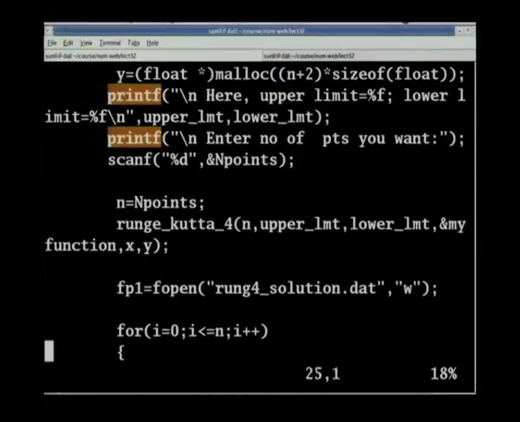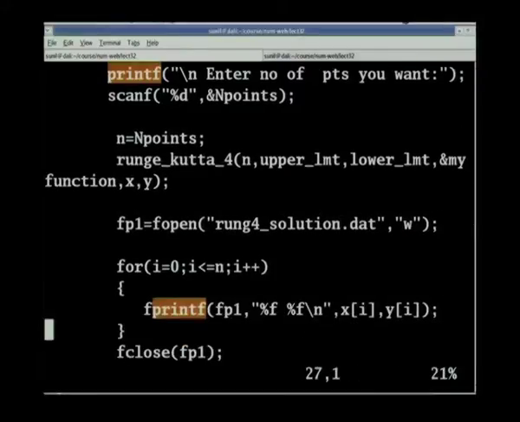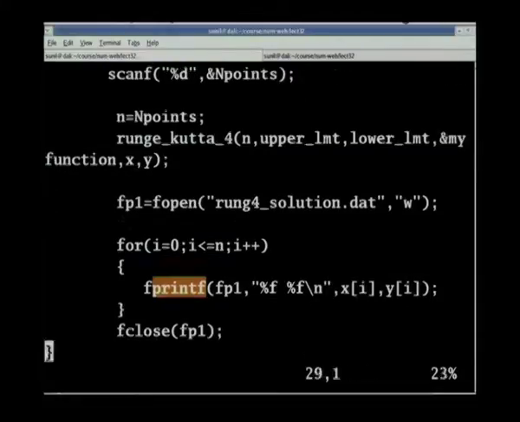Earlier we were calling Runge 2, and now we are calling Runge 4. We again pass the number of points we require, the upper limit, the lower limit, and the pointer to the function which supplies the right hand side of the differential equation. We use the same equation that we will try to solve, dy/dx equal to minus 2y with the boundary condition y of 0 equal to 1.